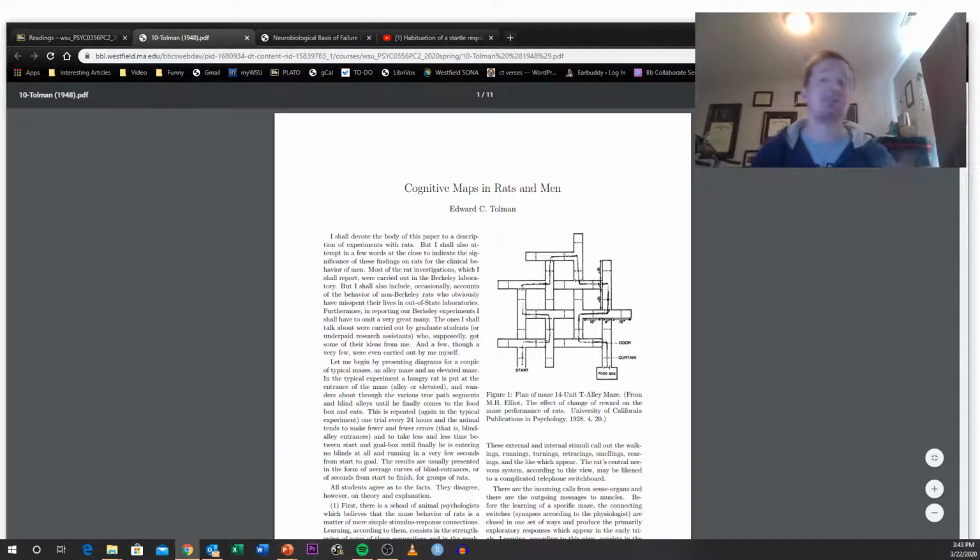But he had an animal lab, and he would test rats in different kinds of mazes and different kinds of puzzles, and he would observe how they learned these things.